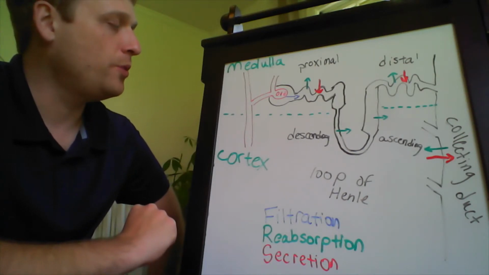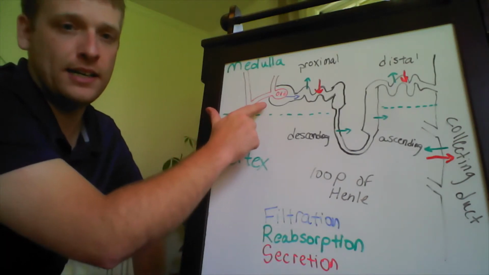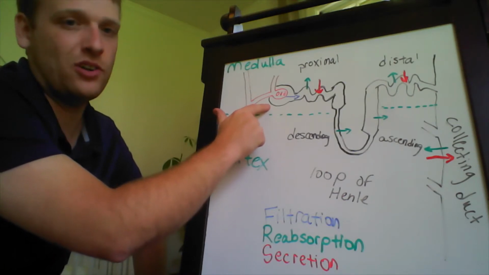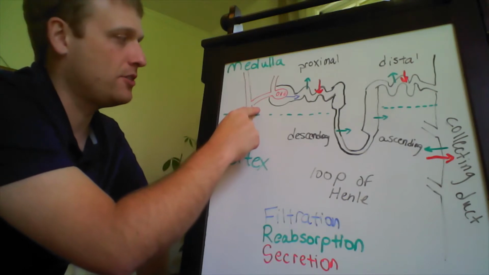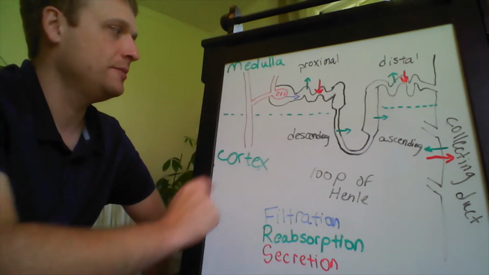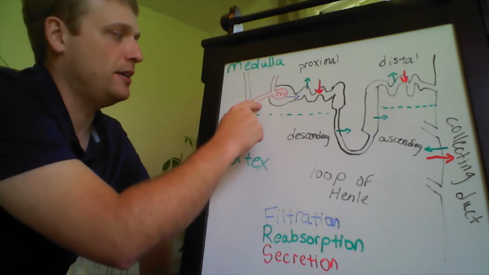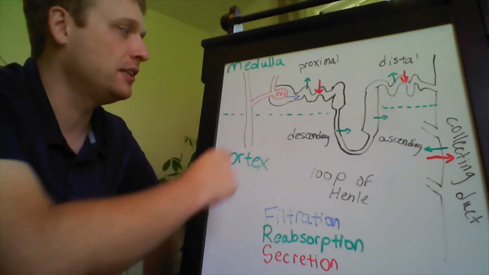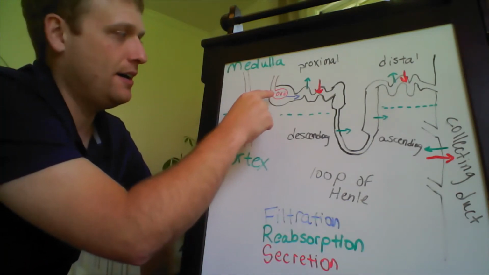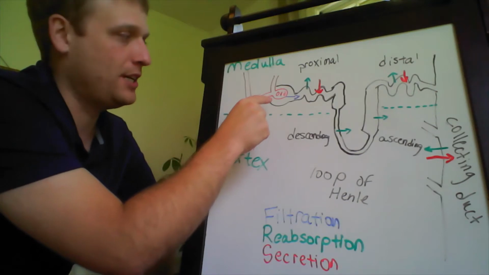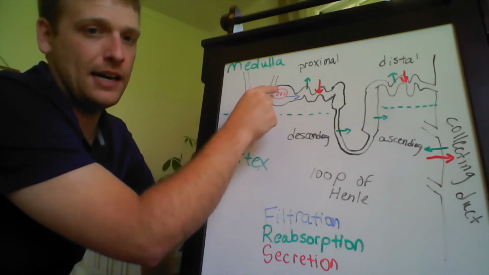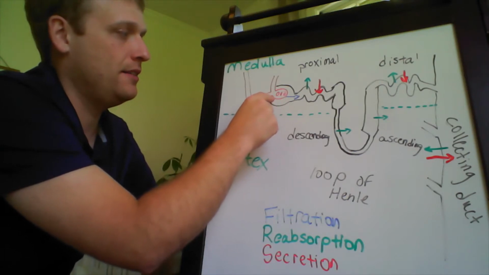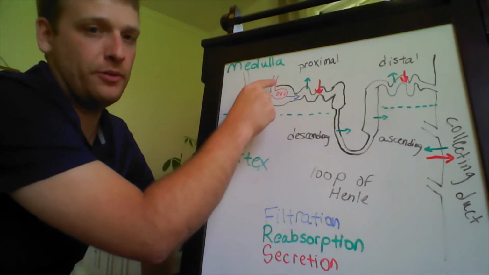And what you should notice, you may recognize this structure that I've drawn here at the start of the nephron. So these tiny arteries that are supplying the blood to be filtered are going to pass blood into the glomerulus. This is the renal corpuscle, which contains the glomerulus, which are those capillaries inside of the Bowman's capsule.